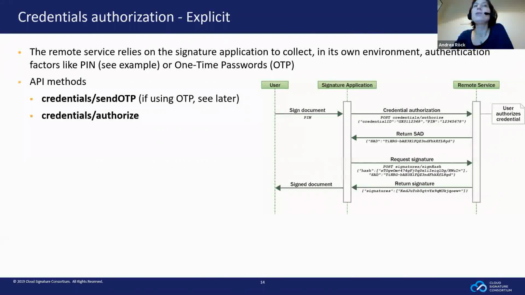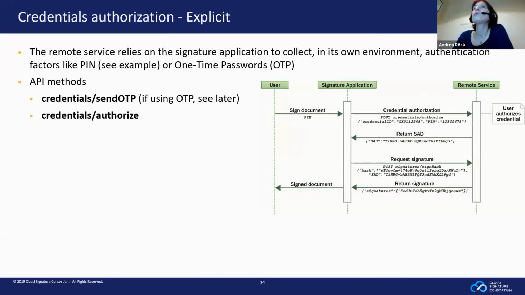In the example here, we show how to do a credential authorization using a PIN. In this case, the user will send the document and the PIN to the signature application. The signature application will call the method credential authorize using the credential ID of the user, the PIN, and eventually the hash of the document, depending on whether we have SCAL 1 or SCAL 2.